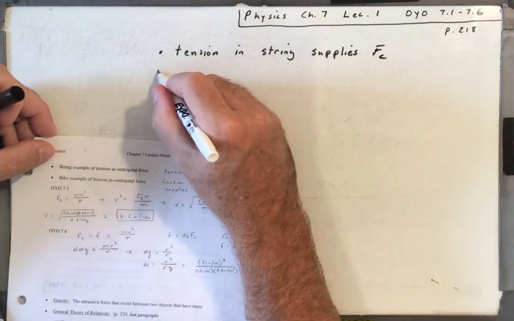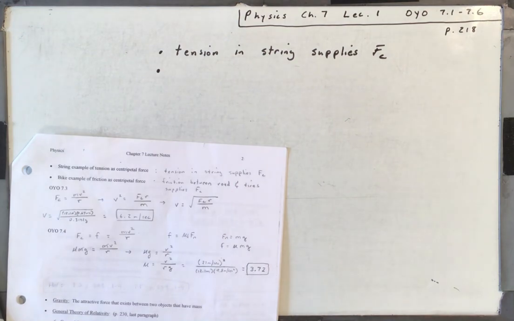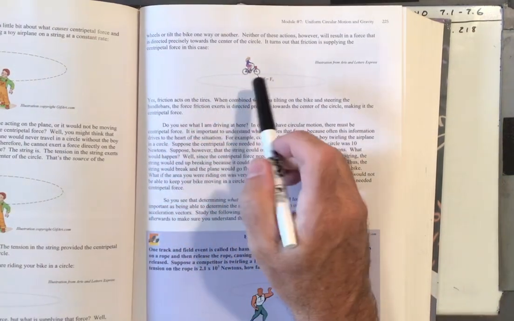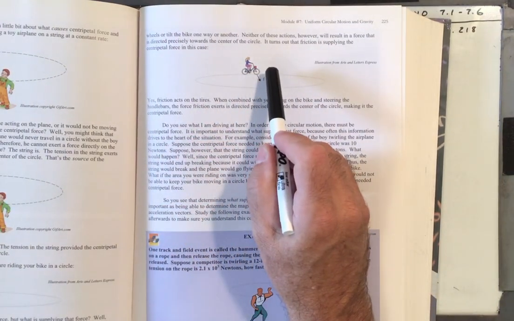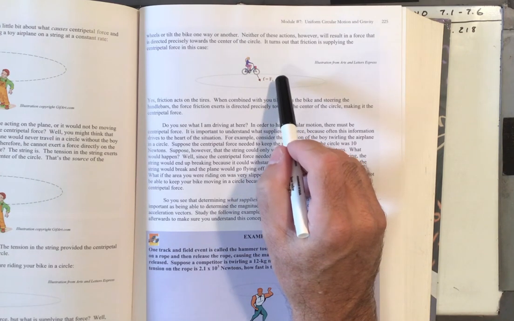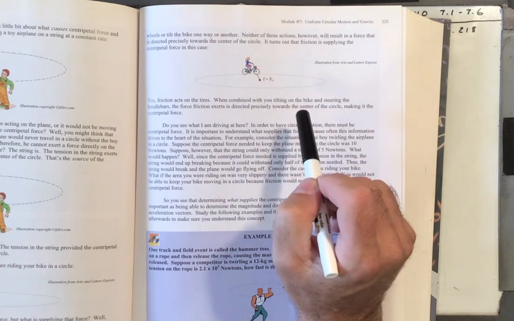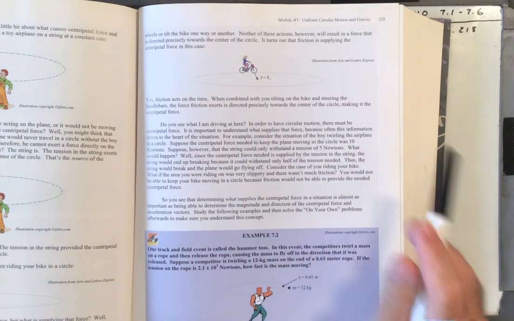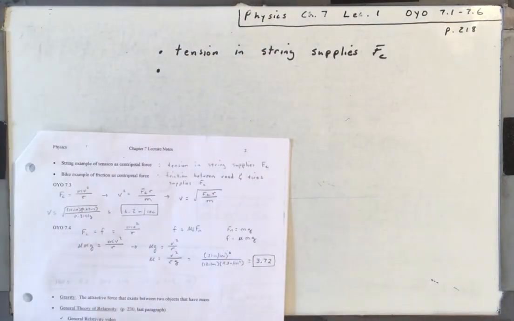Another kind of common problem is a problem where someone is in a car or on a bicycle. What if you're riding a bicycle in a circle or driving a car, some other vehicle in a circle? What supplies the centripetal force that would allow it to stay in a circle? Well, it's the friction between the road and the tires that supply the centripetal force.